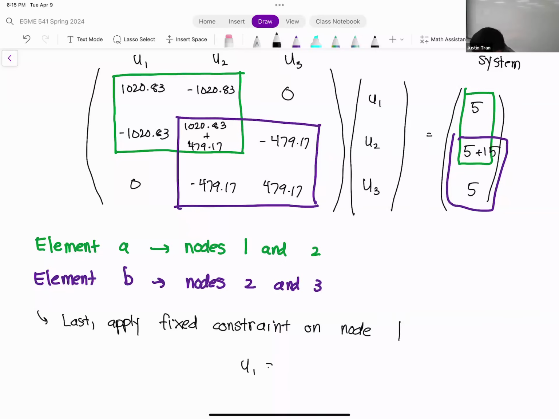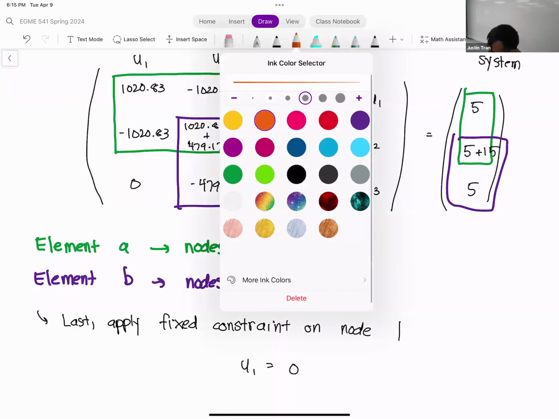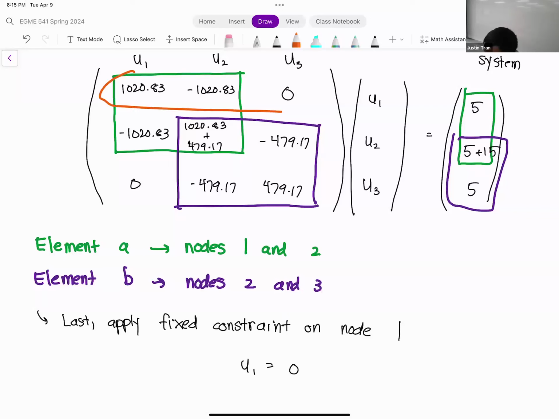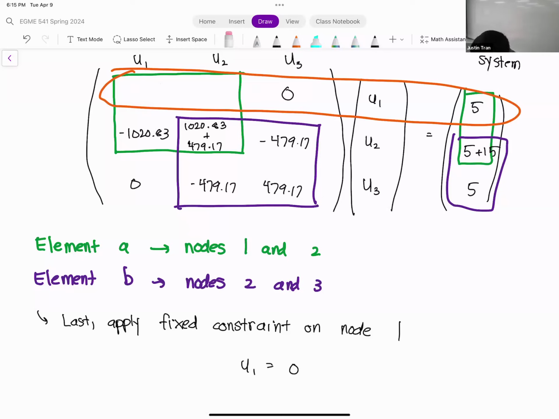So our equation for that is U1 is equal to 0. And so that means that the first row in our matrix here, we're going to replace just like we did with direct stiffness. Let me erase these here. And so if we erase that, we get 1, 0. And on the right-hand side, we're just going to get 0.